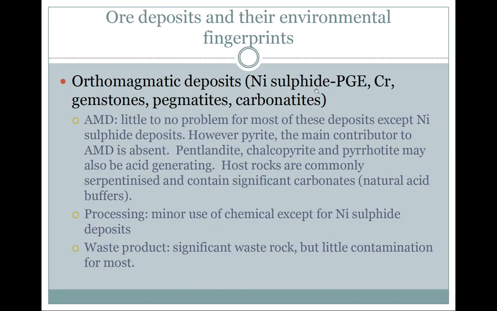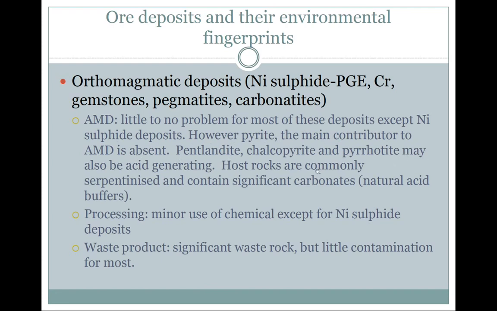So if we talk about certain environmental fingerprints of ore deposits, if we have our orthomagmatic, so pegmatites, carbonatites, nickel sulfide or chromite, and things like the Bushveld. Little to no problem with AMD, except for nickel sulfide deposits. So most of them don't have sulfides, we don't have pyrite, which is the main contributor to AMD.